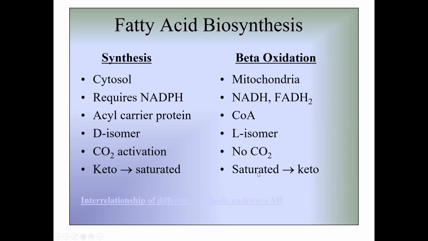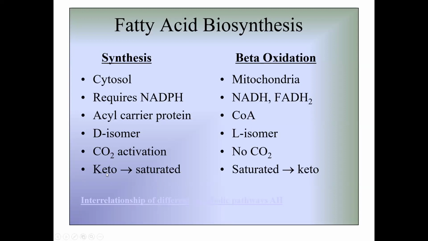Here keto to saturated and here saturated to keto. It means that previously, when malonyl coenzyme A is linked with each other in the incorporation of carbon, acetyl coenzyme A contained a ketone group, and this ketone group is converted into a saturated group. Keto is going to be saturated by incorporation of H from the NADPH.